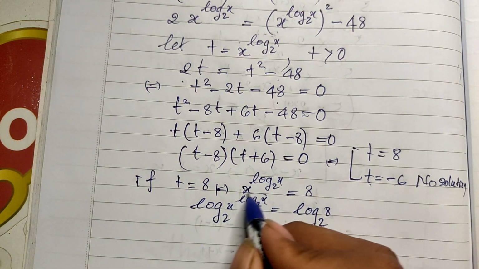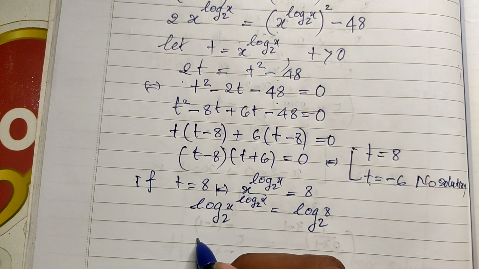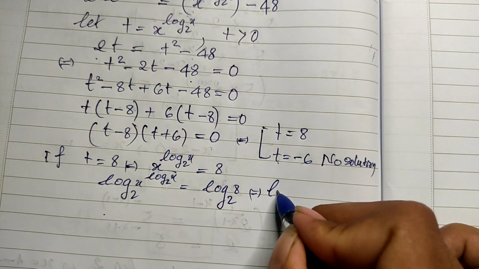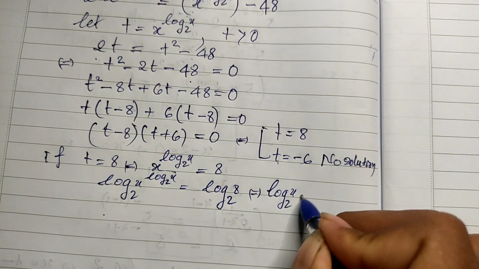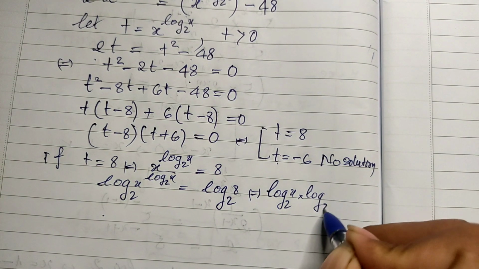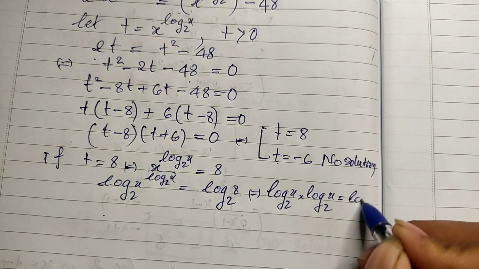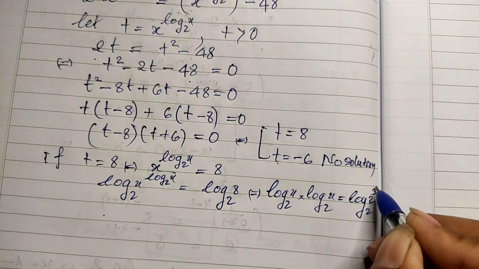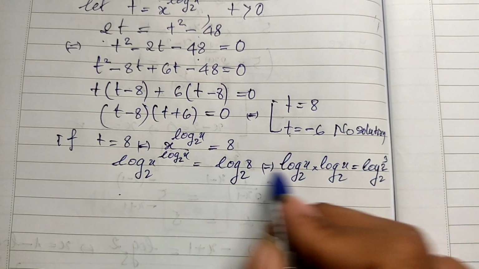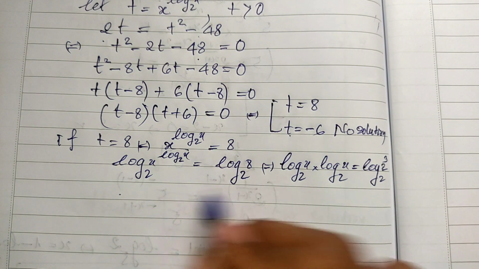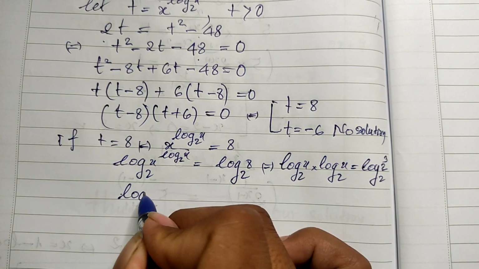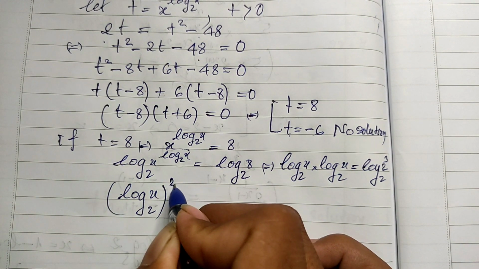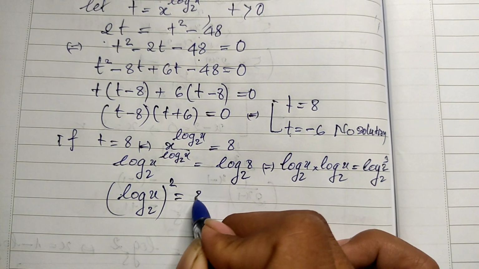And this, we take the exponent in front of the log, we get log₂(h) multiplied by log₂(h) is equal to log₂ of 2 to the power 3. And now we get this equation: log₂(h) all squared is equal to 3.